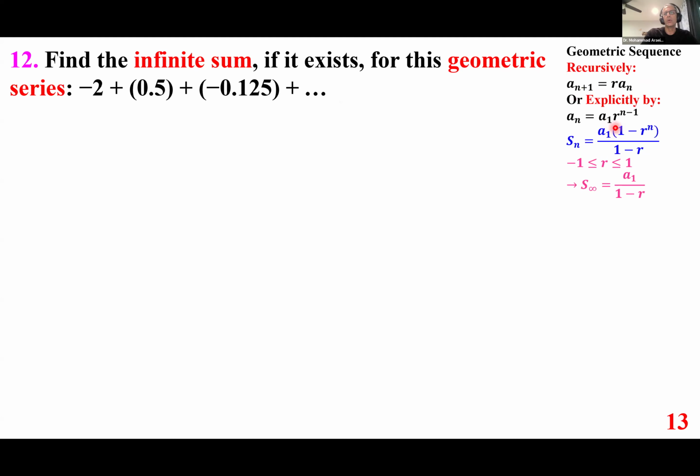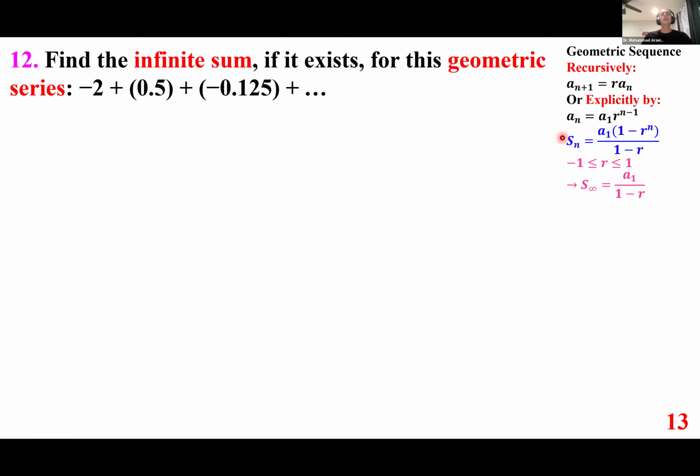Explicitly, a sub n equals a sub 1 times r to the power of n minus 1. And the first n terms add up to a sub 1 times 1 minus r to the power of n, over 1 minus r. Now, if r happens to be between -1 and 1, this goes to 0 as n becomes larger and larger, as n goes to infinity, s sub infinity, or the limit of this piece as n goes to infinity.